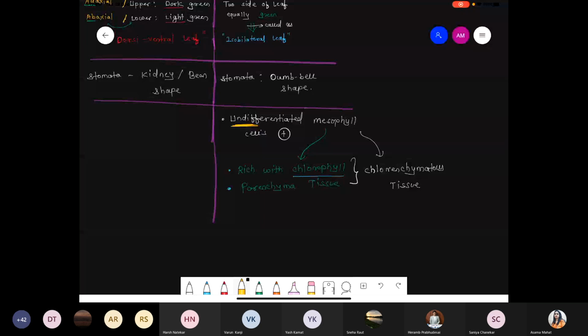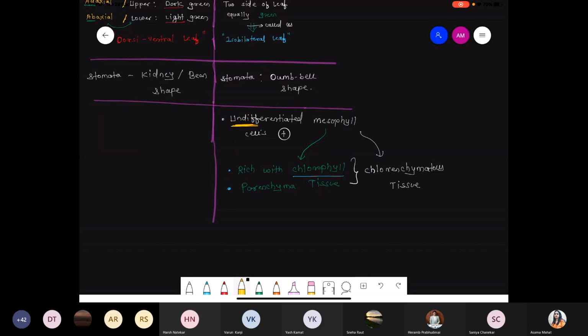अब mesophyll cells क्या होते हैं? Specifically they are present in leaf. हमने root देखा था, हमने कहीं पे भी inside the root we never mention the mesophyll cells. Just we cover stem part also. Even stem में भी हमने कहीं पे भी नहीं बोला mesophyll cells. Mesophyll cells are the specific type of the parenchymus tissue which is rich with the chlorophyll as well as rich with the chloroplast organelle.